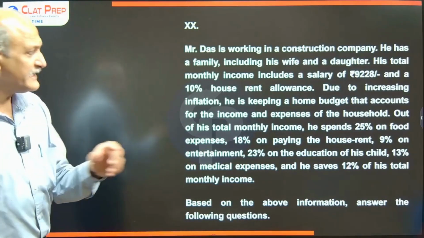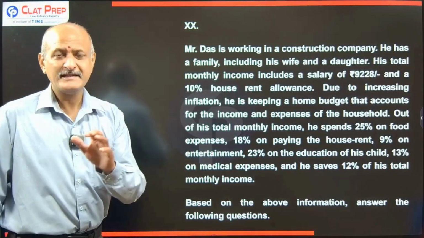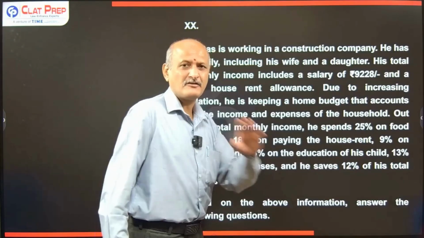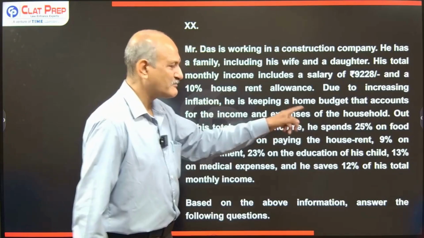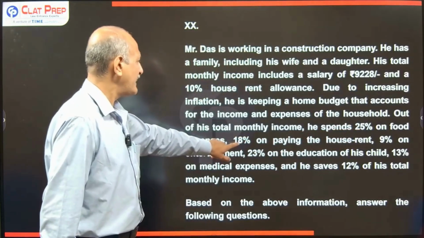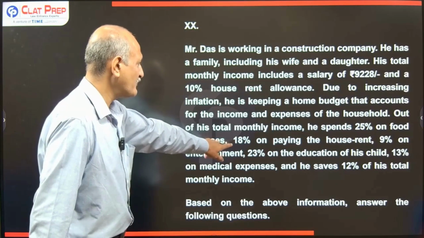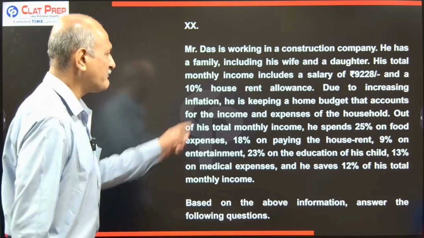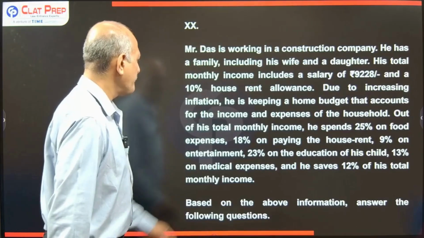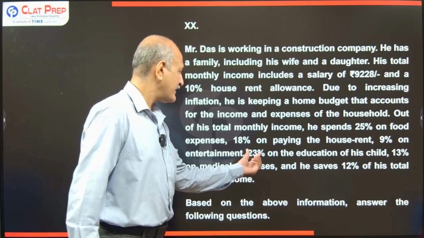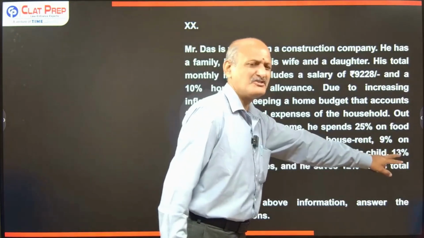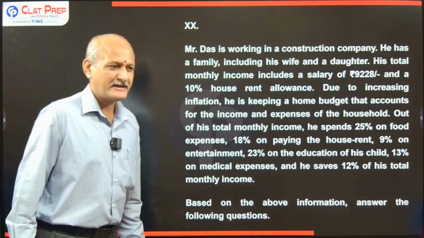Let us understand this carefully. Are the expenses actually all included in this list or not? Let's try to find it out. Let's add all these percentages and check whether it is 100% or not. 25 plus 18 is 43, 43 plus 9 is 52, 52 plus 23 is 75, and 13 plus 12 is 25. 75 plus 25 is 100%.